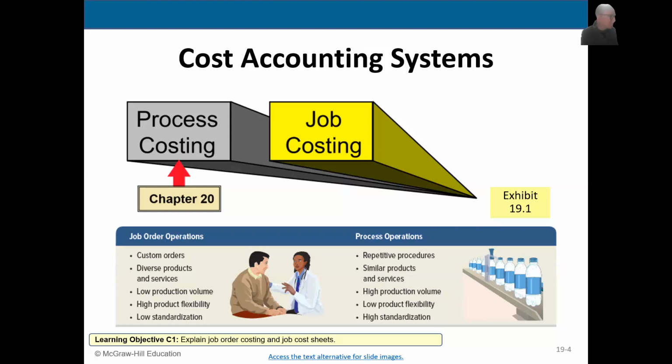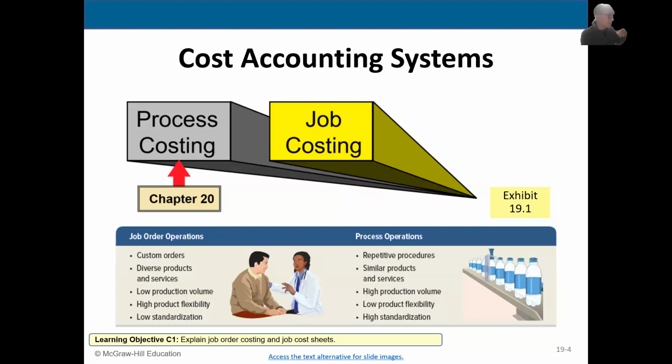I want LED lighting, leather interior, sunroof, whatever's right." High flexibility. In other words, the customer has the ability to ask Toyota to make the car specific to their particular needs. And what we call low standardization.